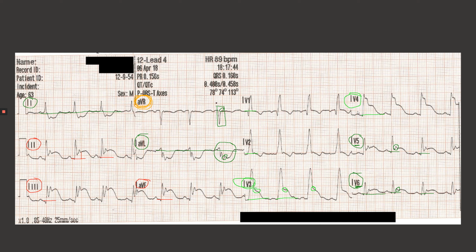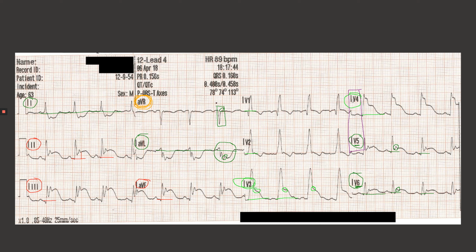And to note here, only in the precordial leads, which again is V1 through V6, if you have them in a consecutive number. So if I have ST elevation in V4 and ST elevation in V5, that counts as contiguous. Only in the precordial leads because, geographically speaking, they are right next to each other.